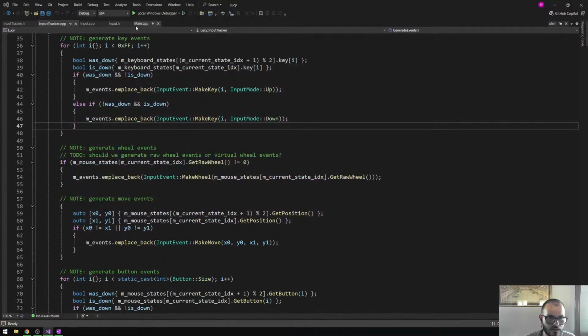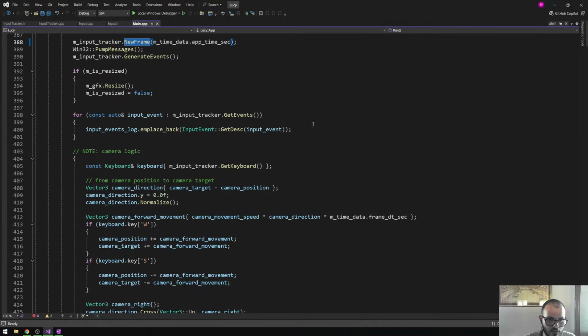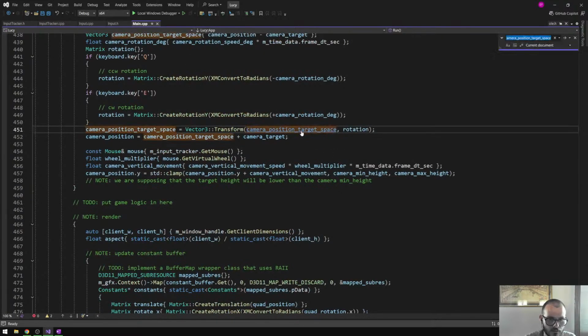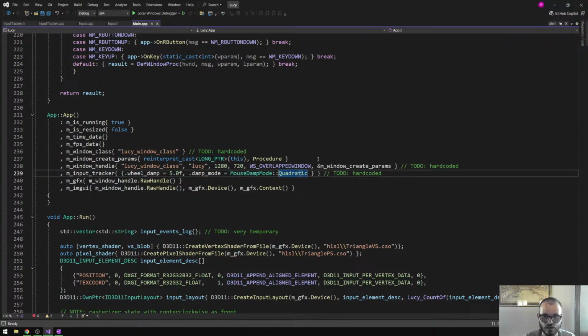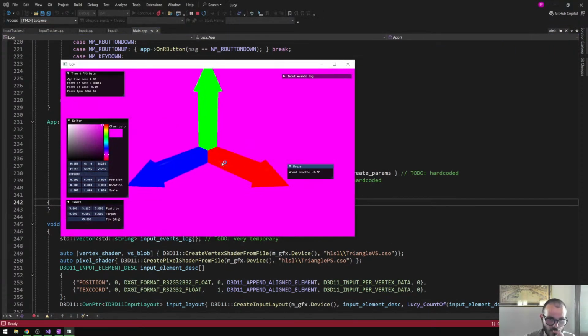So this is the mouse damp mode quadratic, this is the quadratic damp mode.